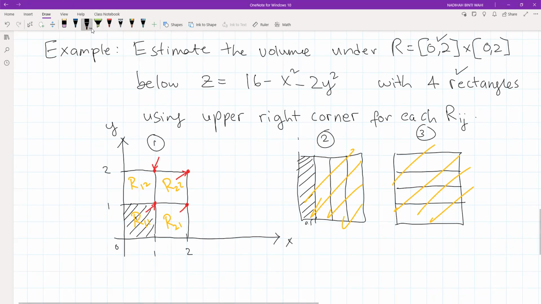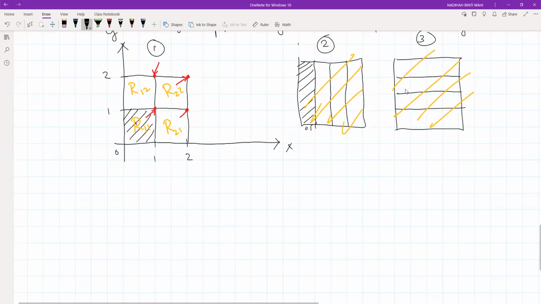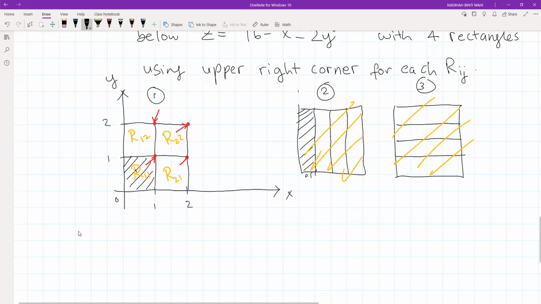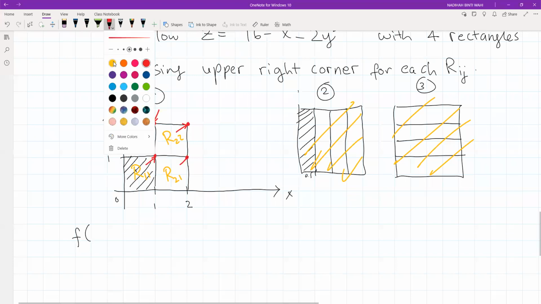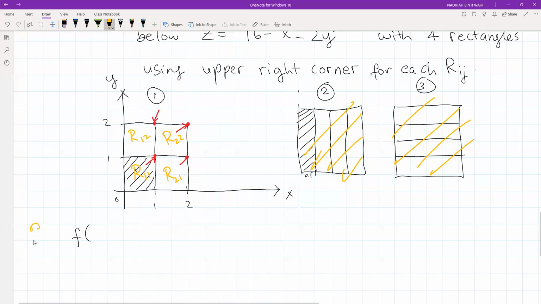So kita kira dulu. Let's try to calculate, let's say the height first. Kita kira dia punya height. F of the first coordinate. Coordinate yang pertama. So let's say this is for R11. Koordinat dia apa? 1, 1. Right?